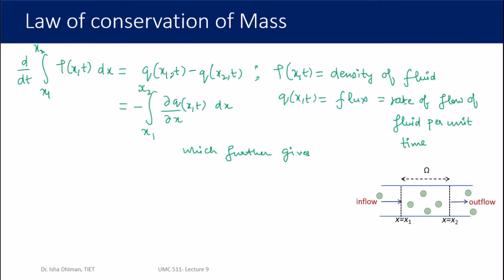Now I'll shift this d by dt inside, because I want to compare both sides, so the integration should be taken common. When d by dt is shifted inside it becomes the partial derivative. That comes from the basic rules of calculus, because your underlying variable is not a function of one variable, it's a function of two variables.